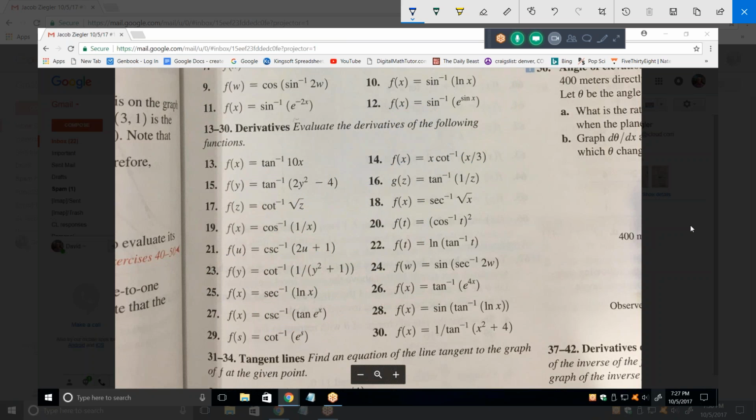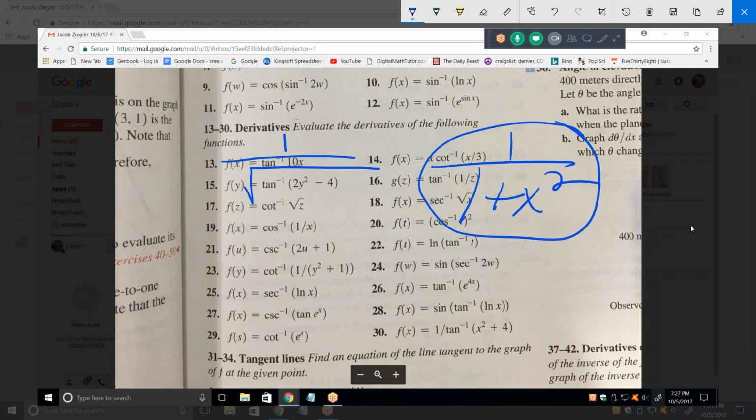Let's do 12. So you start off with 1 over e sine to the x. Hold on. Remember that 2 of these things have radical signs in the denominator. The only one that does not is tangent. Tangent is very simple, 1 over 1 plus x squared. So the derivative of the inverse tan is that.